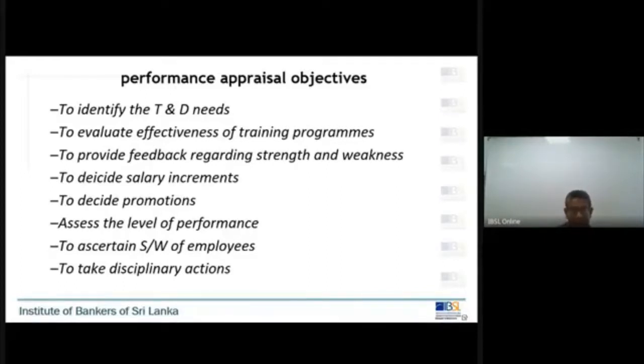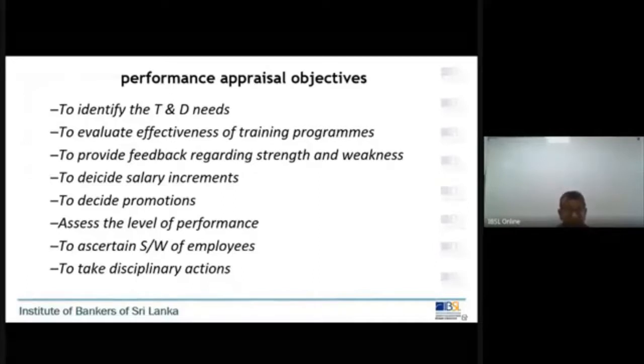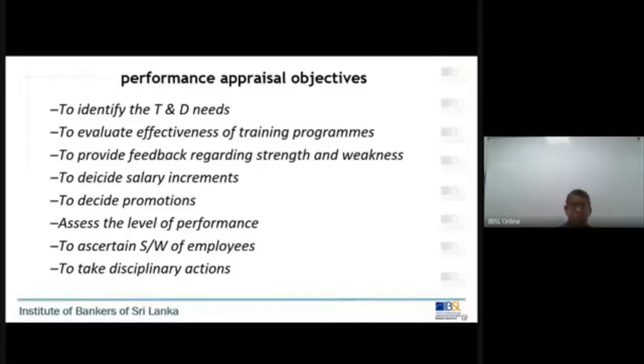Also, mind you, performance appraisal also facilitates disciplinary action. Suppose you are not performing well, you were requested to perform well, you were sent for training, and still you are not performing well. Then the appraiser can take some disciplinary actions, or demotion, or transfer, or some other actions against you.